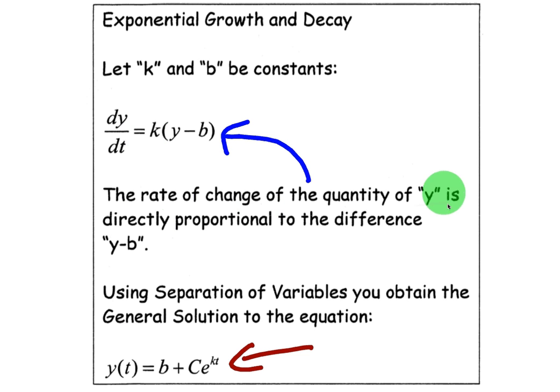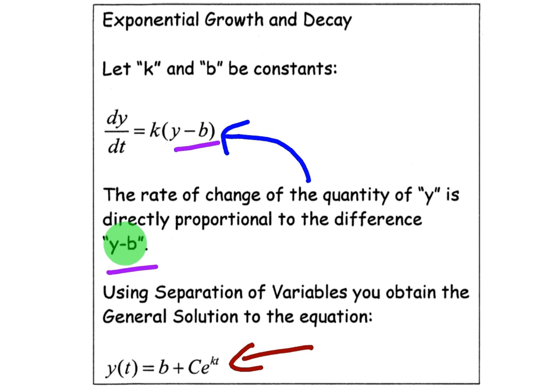So again, the rate of change of the quantity y, so dy dt or dy dx, is directly proportional to the difference y minus b. So whenever you have directly proportional, it's always k times whatever's left. So in this case, the difference of y minus b is what comes after that.